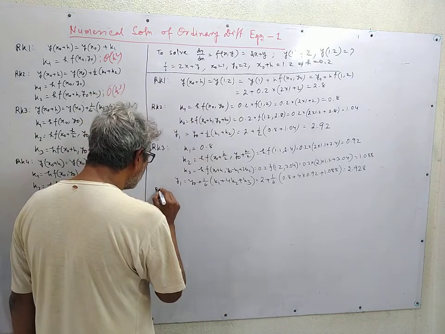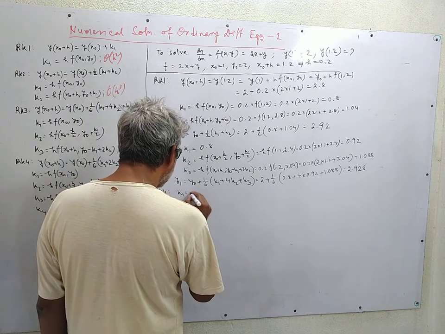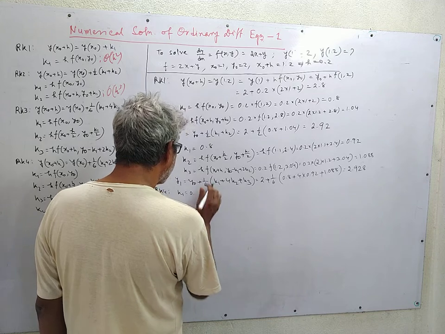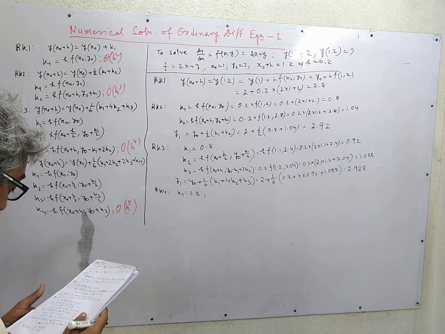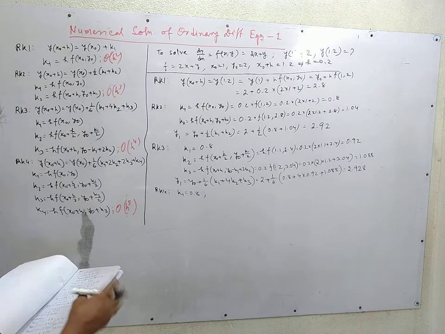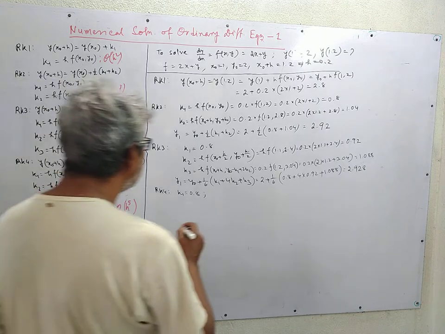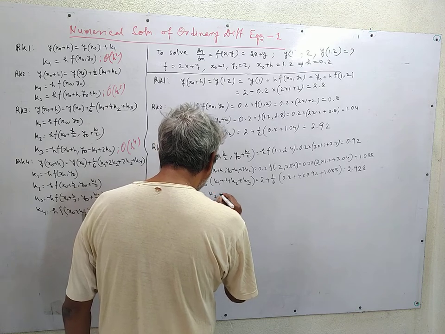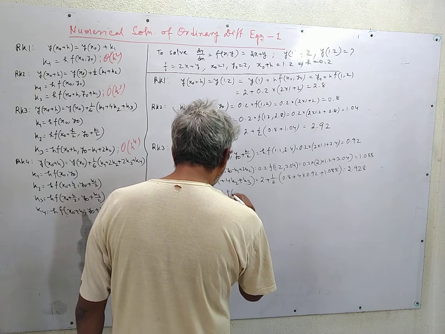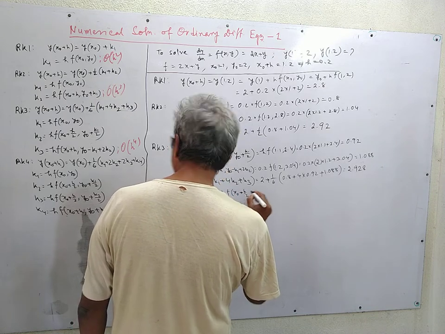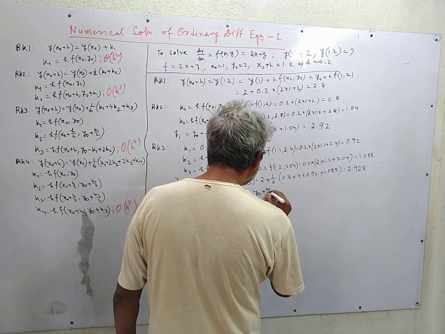Now finally we come to RK4 method. In this case again K1 is 0.8; the definition of K1 is the same in all the Runge-Kutta methods. Then come to K2. K2 is h, f of x0 plus h by 2, y0 plus k1 by 2.